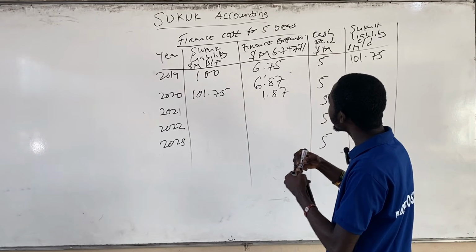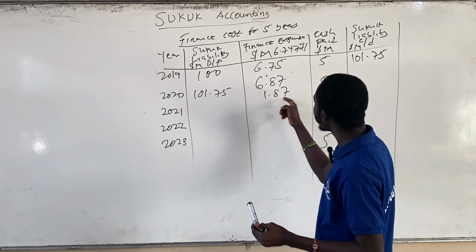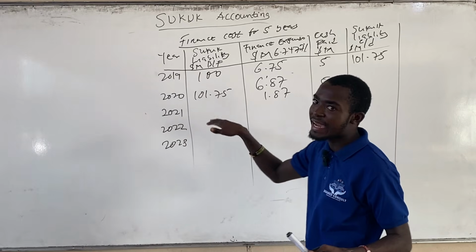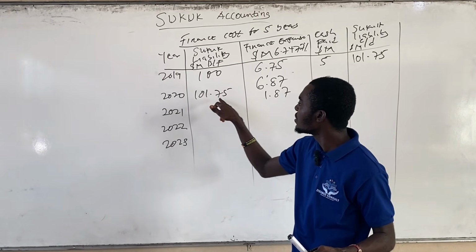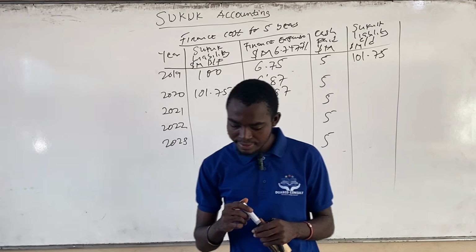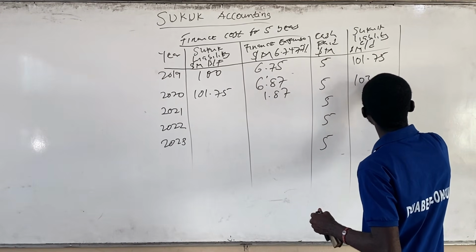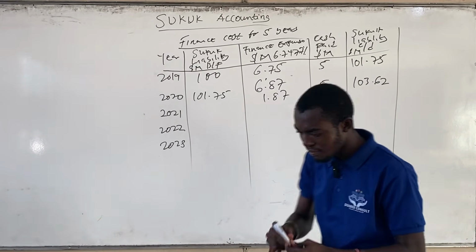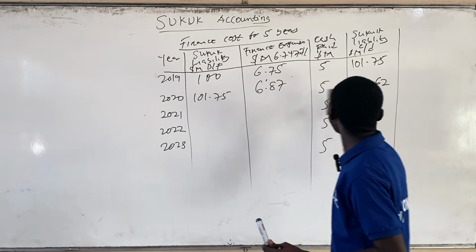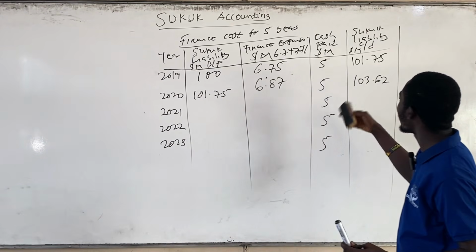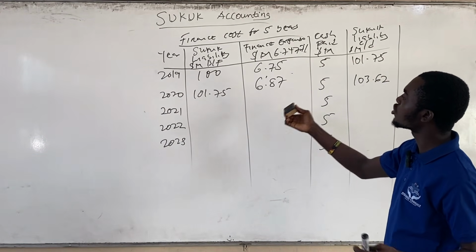And then you add 1.87 to the amount of money that they are owing at the beginning of 2020. And then this will give us 103.60. So this is the closing balance or closing liability after 2020.